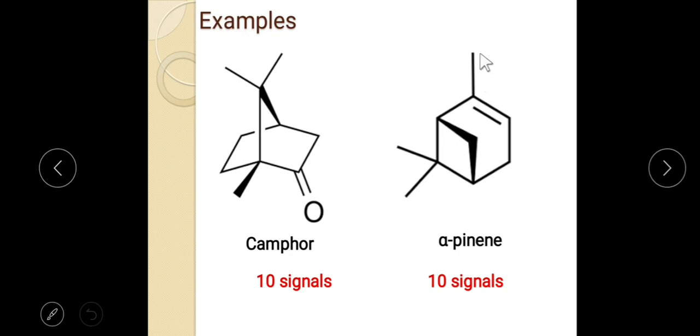Let's count the protons for alpha-pinene. 1, 2, 3, 4, 5, 6, 7, 8, 9 and 10. Let's count again. 1, 2, 3, 4, 5, 6, 7, 8, 9 and 10. So we have 10 different signals for alpha-pinene. Understood? Examples of this type are many times asked in SET and NET examinations. So I hope you have understood the topic.